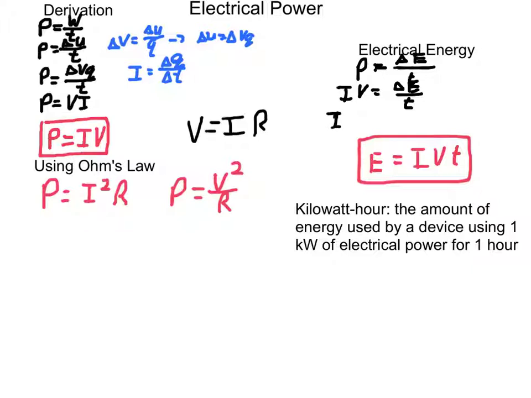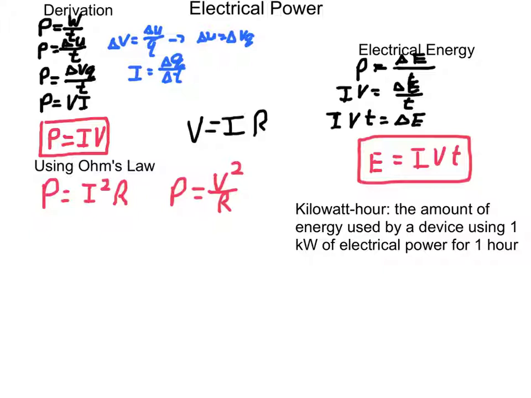If you multiply the T to the other side, you get current times voltage times the amount of time that you allow it to run is your change in energy. Thus, our base electrical energy equation, the amount of electrical energy expended is the current flowing through an object times the electrical potential difference, or the voltage you are having to exert, times how long you let this thing run, whether it's an electric motor or anything else.